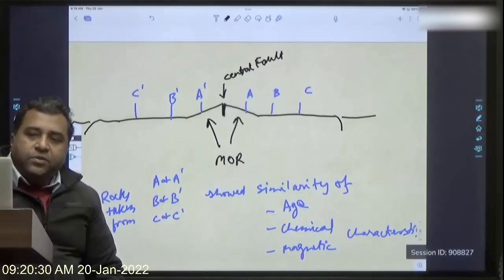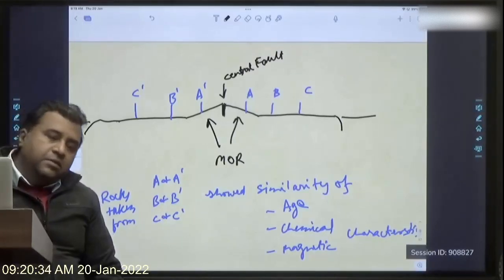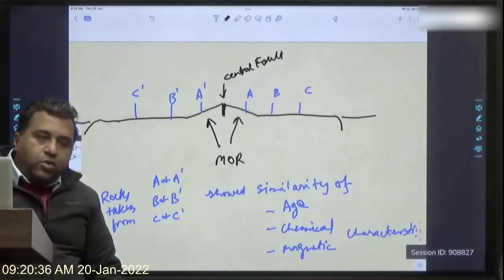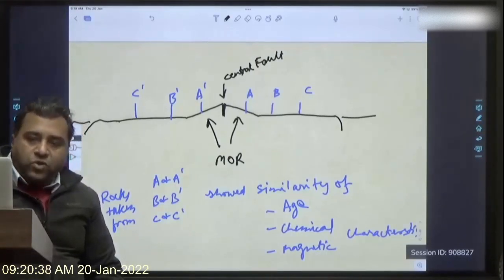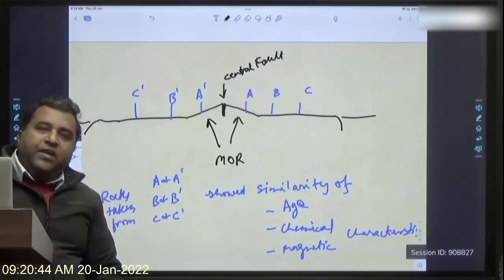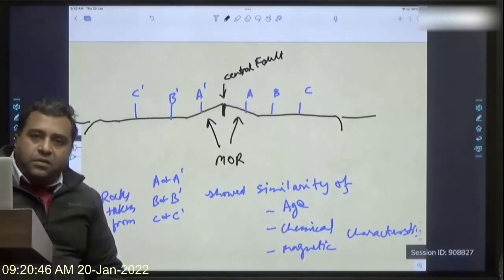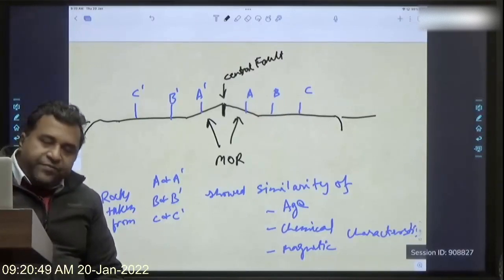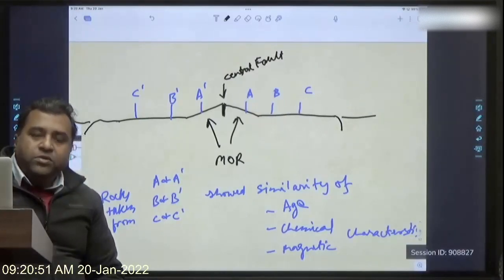3,200 million years old, yet on the ocean floors we have never been able to find rocks older than 200 million years.